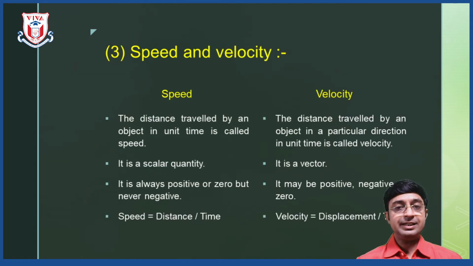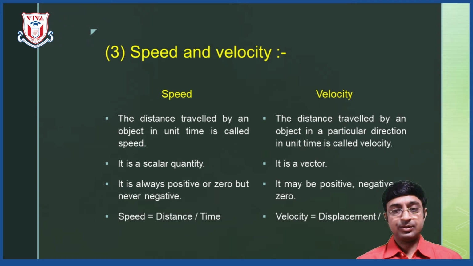Now the next point is speed and velocity. So we will see the answer to this speed and velocity in the form of a distinction. The first point is the definition. Speed means the distance traveled by an object in unit time is called speed, and velocity means the distance traveled by an object in a particular direction in unit time is called velocity.